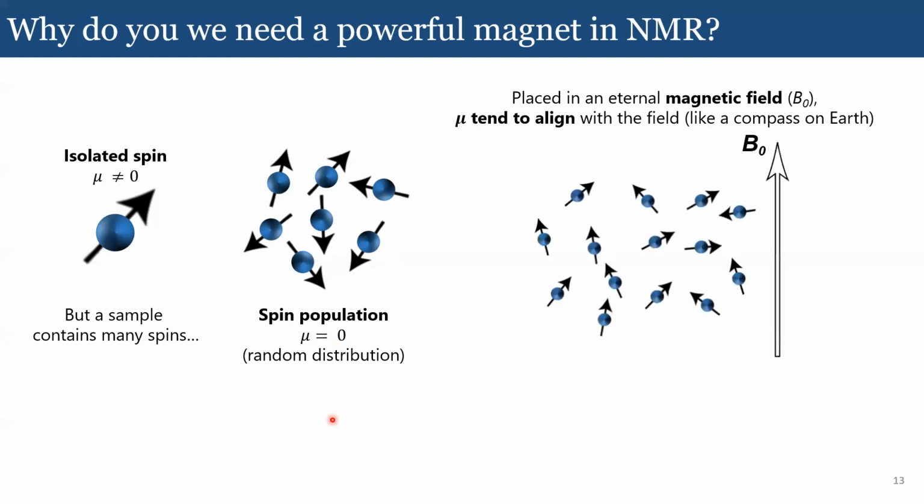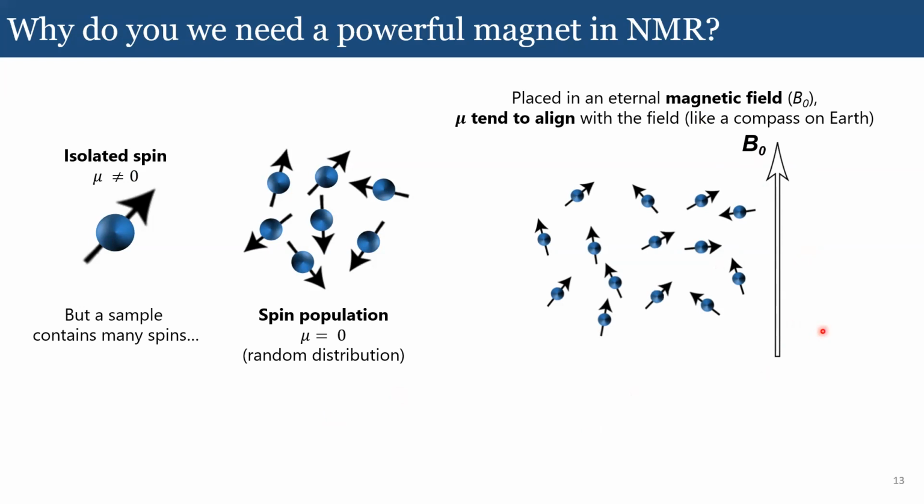But to get that moment back, what you need is to place your sample in a strong magnetic field. And like I discussed earlier, the individual magnetic moments that act like tiny magnets are going to start to align with the B0 field, the external field.